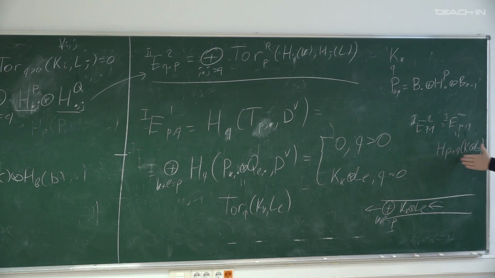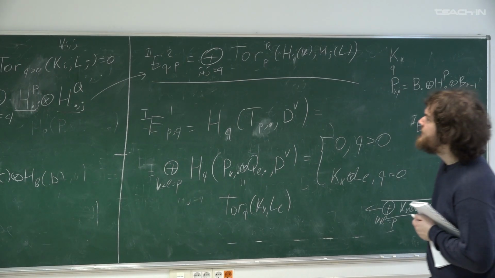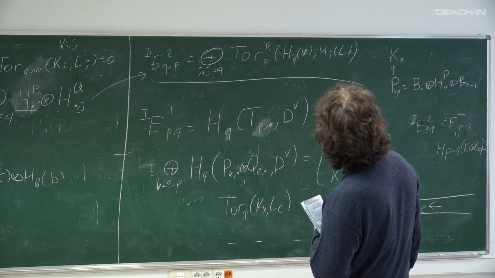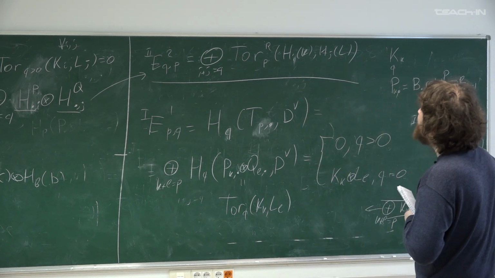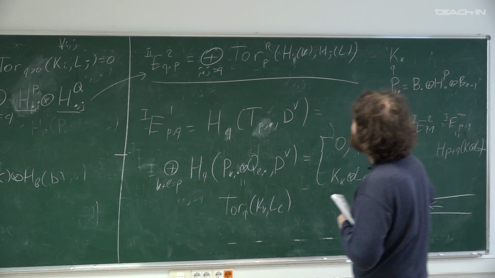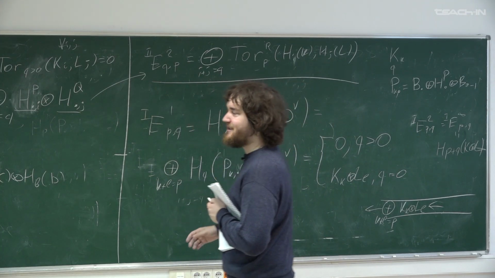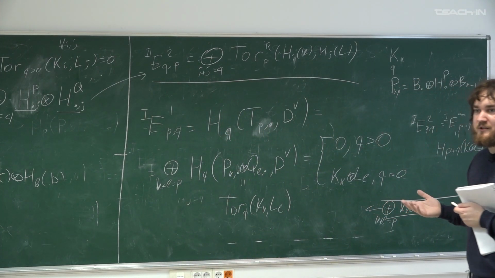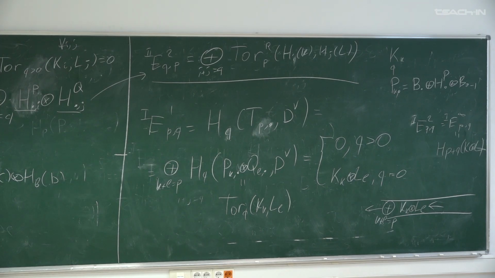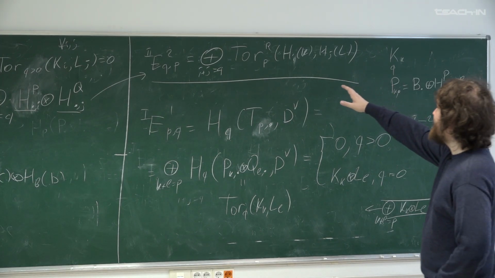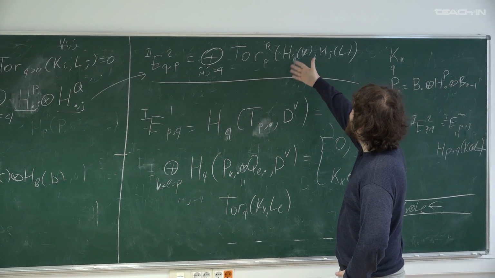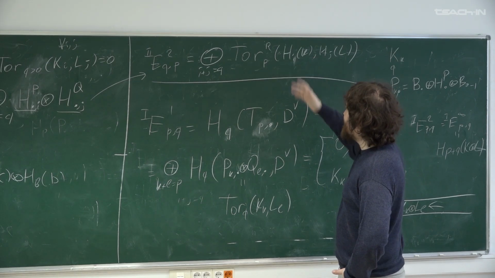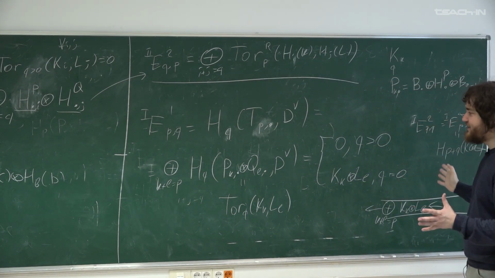So I have my target and I have my spectral sequence. About indexes, I will tell you next time. So we obtain a spectral sequence. We have two spectral sequences, but we consider one of them, which gives us the second page. The other spectral sequence degenerates.